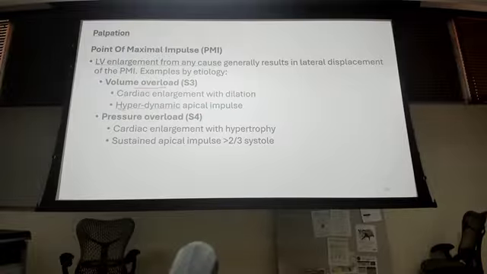It's hyperdynamic. In conditions where the pressure is too high, you have to have a squeeze sustained for a longer period of time to fight against that pressure. So you're going to see that the duration of that PMI is going to be longer than normal.